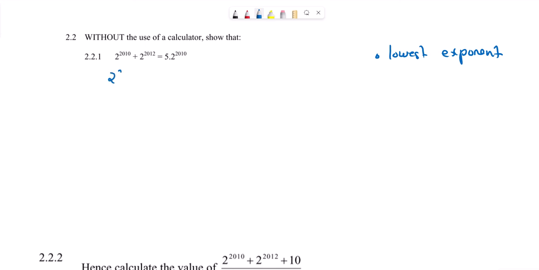So that will be 2 to the 2010 plus 2 squared times 2 to the 2010. Remember, a^m times a^n is the same as a^(n+m). Okay, so that is equal to 5 times 2 to the 2010.